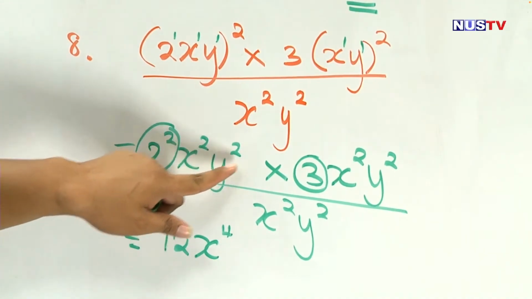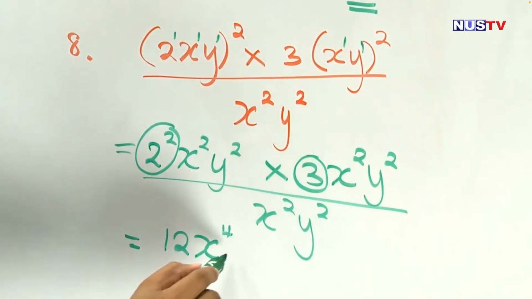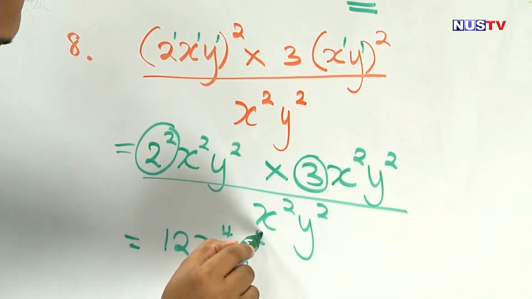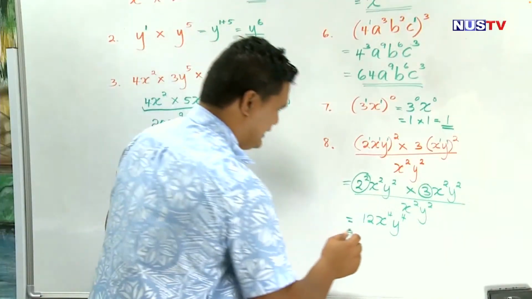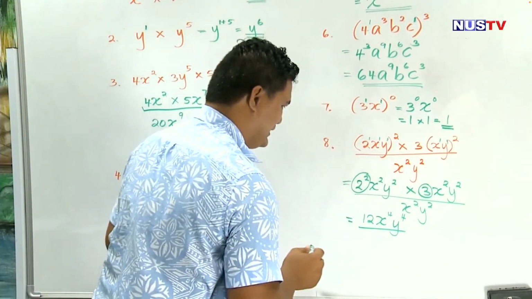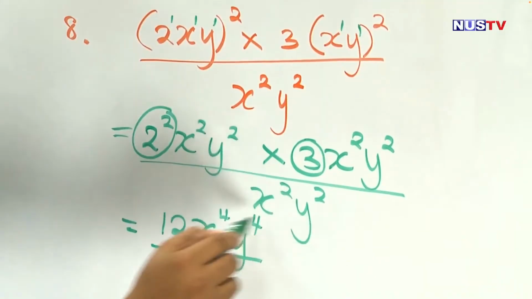So y to the power of 2 times y to the power of 2 would be y to the power of 4. And then this will be divided by x squared y squared.